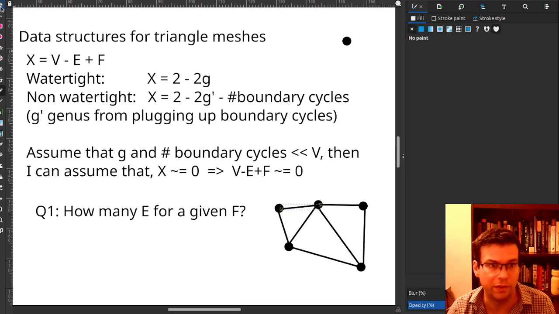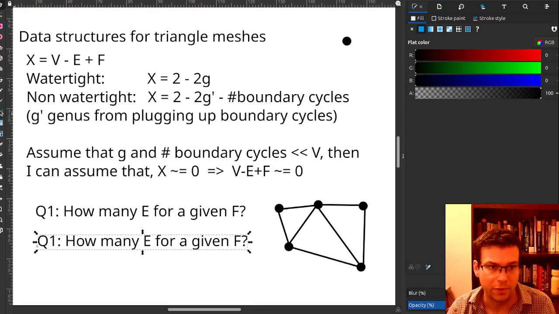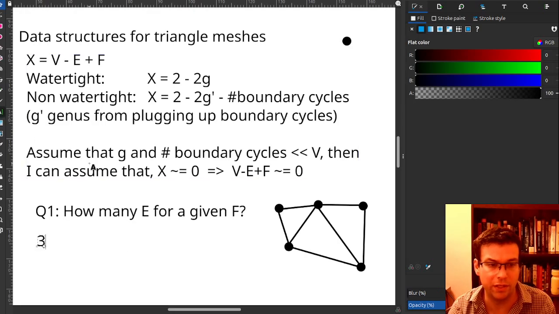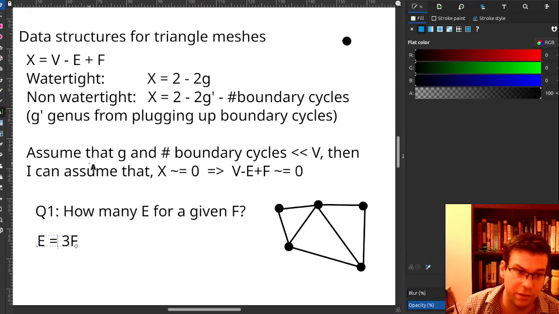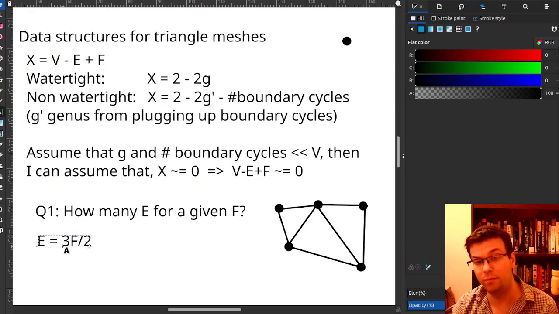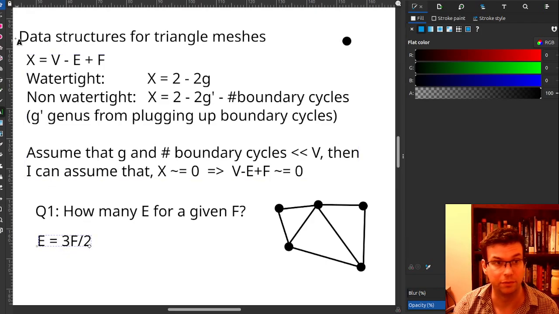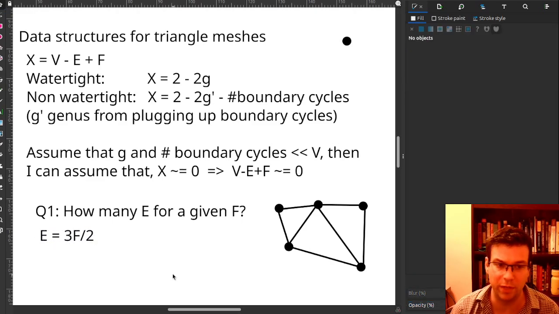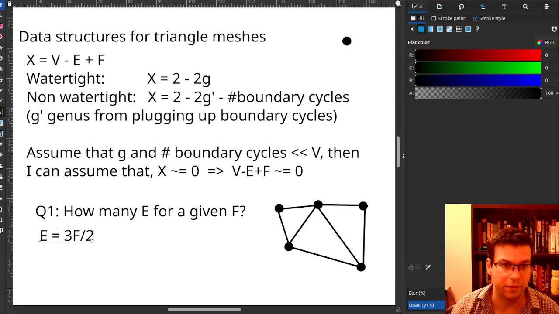It seems like I've got 3 times as many edges as faces, but actually they're double counted. On a water-type mesh, this is exactly true. On a non-water-type mesh, if there aren't too many boundary cycles, this is approximately true. So we have that.